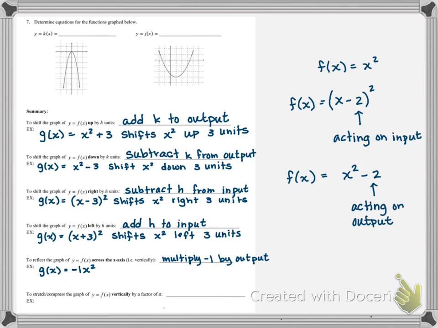And then if I want to stretch or compress it vertically by a factor of a, what should I do? You multiply or divide the output. So we multiply a by the output.